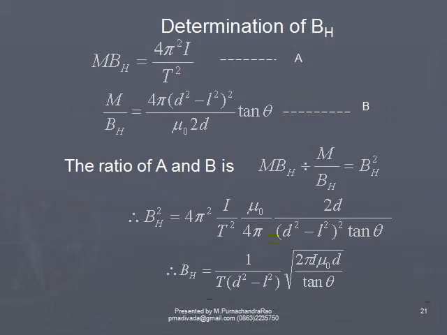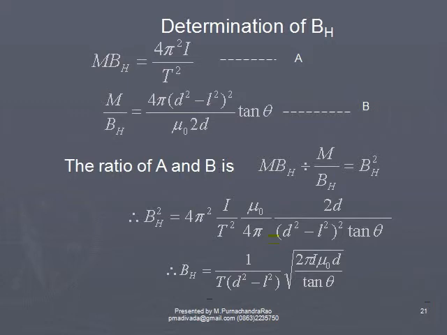Therefore, BH is equal to 1 by T into d square minus L square whole multiplied by square root of 2 pi I mu naught d by tan theta.